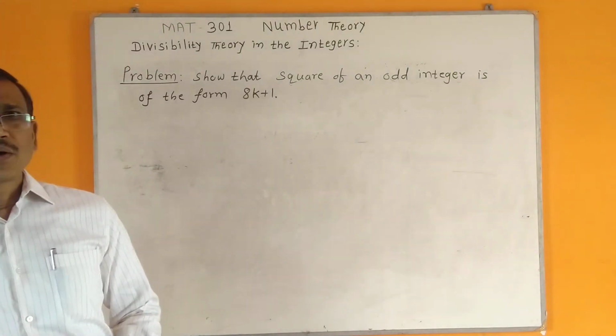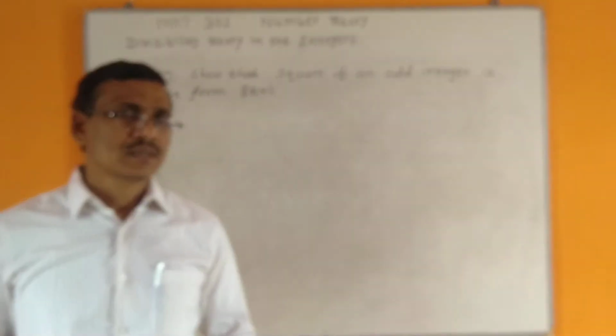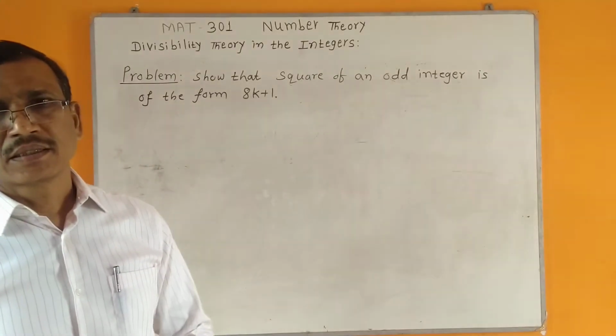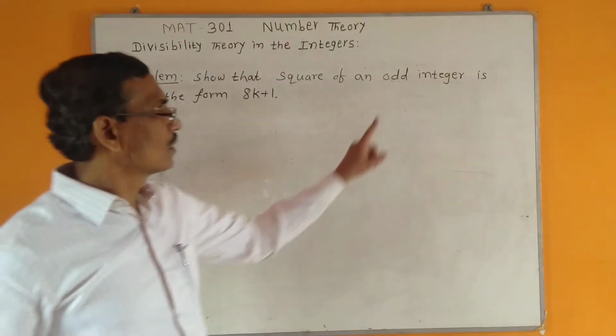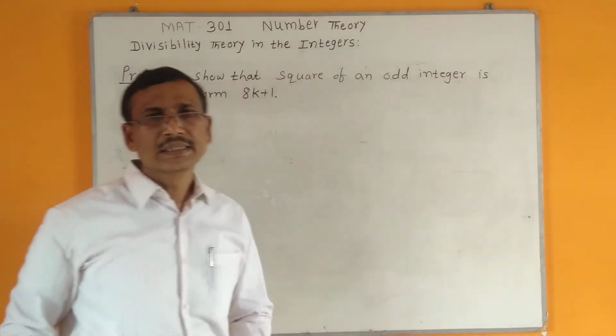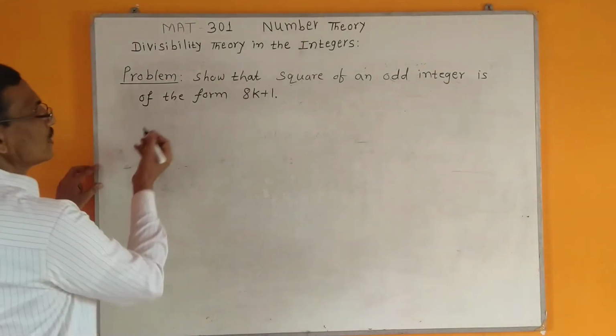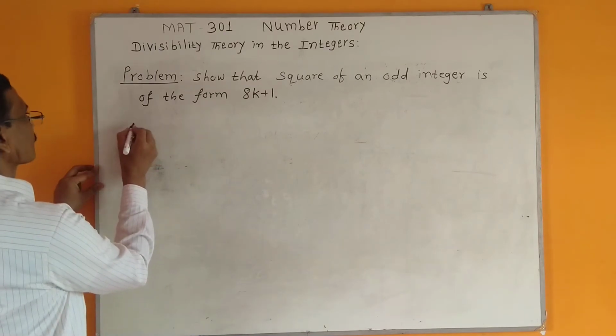Now in this problem we have to show that square of every, specific odd integer, is of the form 8k plus 1. We shall try to prove this.